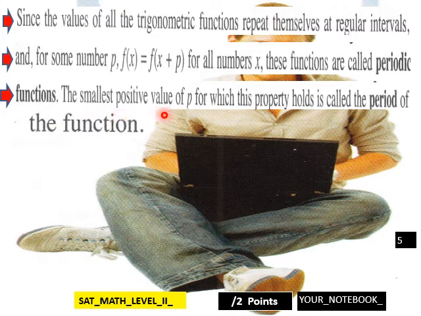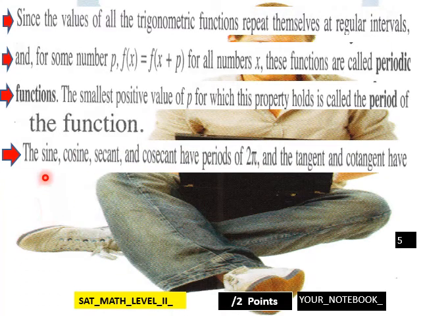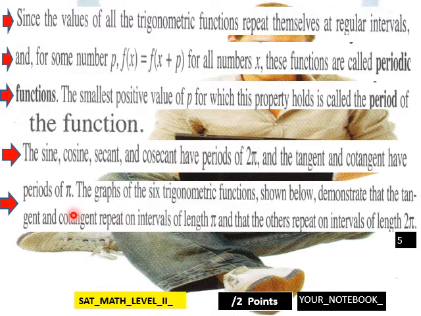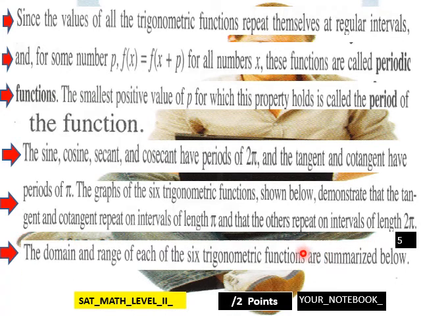The smallest positive value of p for which this property holds is called the period of the function. The sine, cosine, secant, and cosecant have periods of 2 pi, and the tangent and cotangent have periods of pi. The periods of the 6 trigonometric functions demonstrate that the tangent and cotangent repeat on intervals of length pi, and that the others repeat on intervals of length 2 pi.